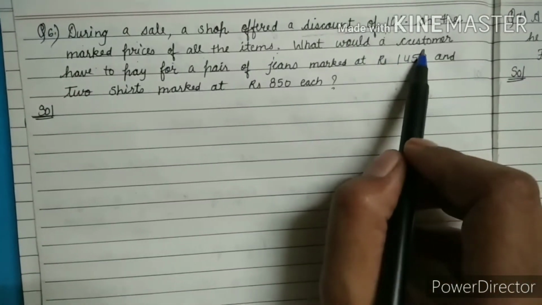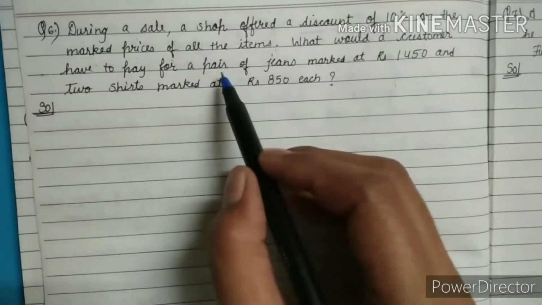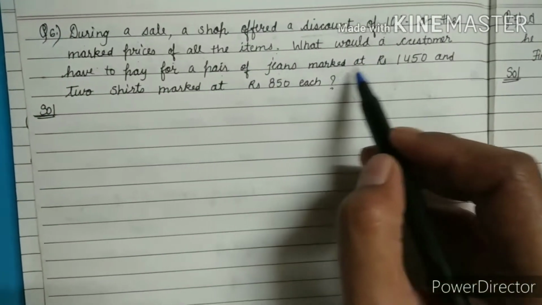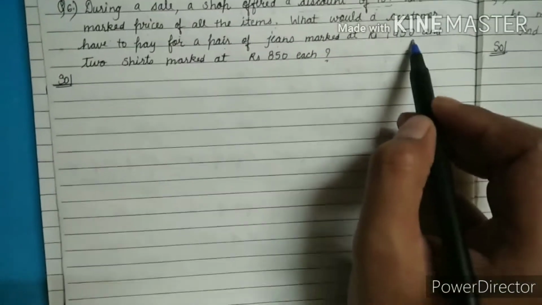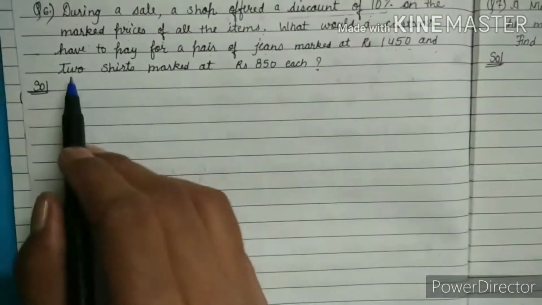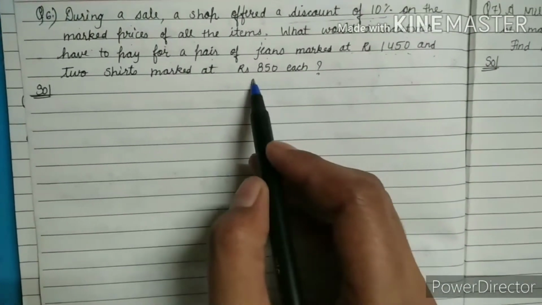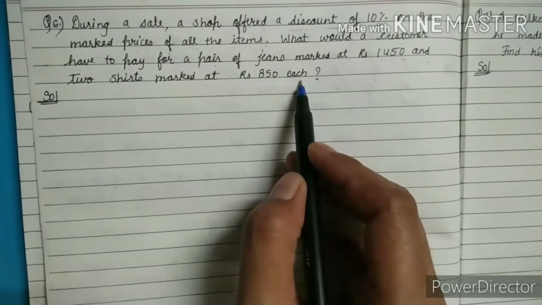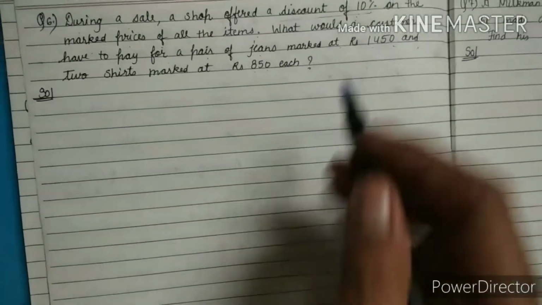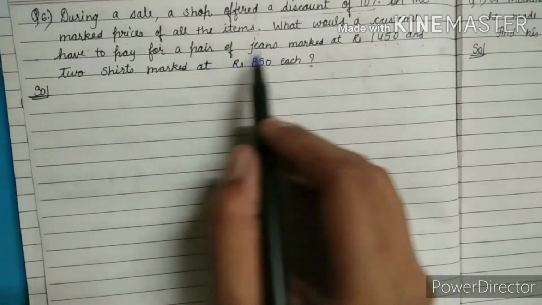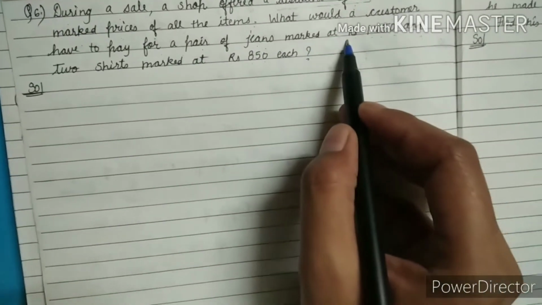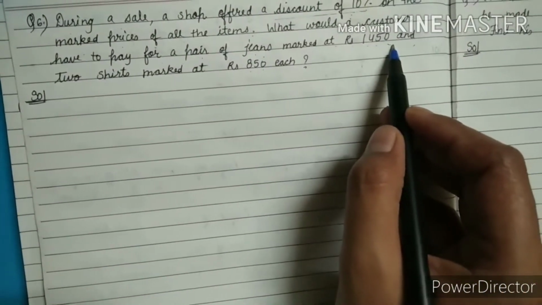What would a customer have to pay for a pair of jeans marked at rupees 1450 and two shirts marked at rupees 850 each? You can see here we have a pair of jeans marked at rupees 1450.